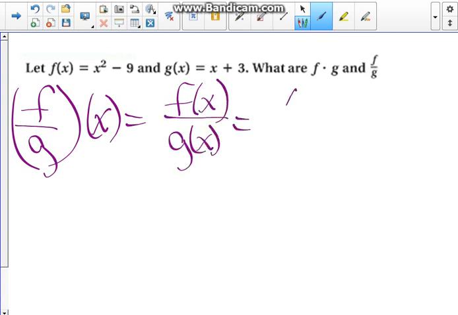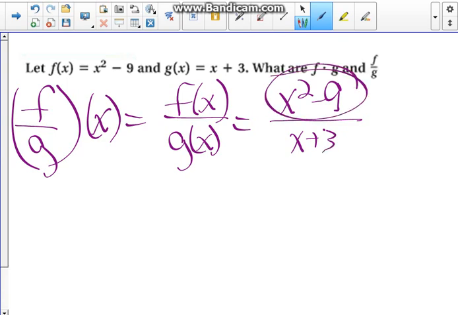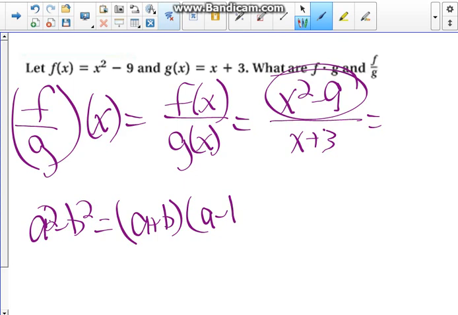And f of x is x squared minus 9 over g of x, which is x plus 3. And we notice right here, this is the difference of two squares. And in Algebra 1, we learned that if we have a difference of two squares, that is a squared minus b squared, that is equal to a plus b times a minus b.